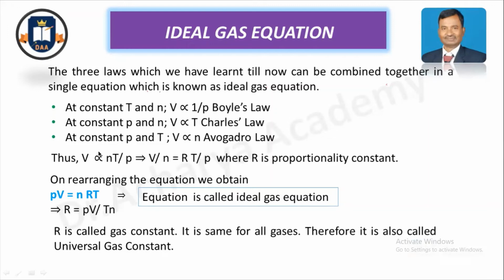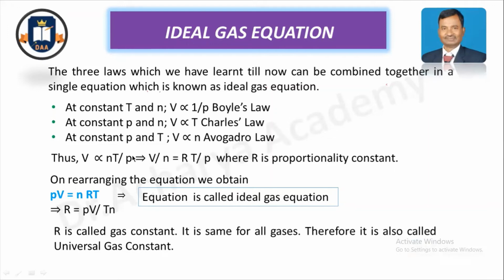We introduce it because the left side is a proportionality. So V by n is equal to capital R T by P. This capital letter R is the proportionality constant.